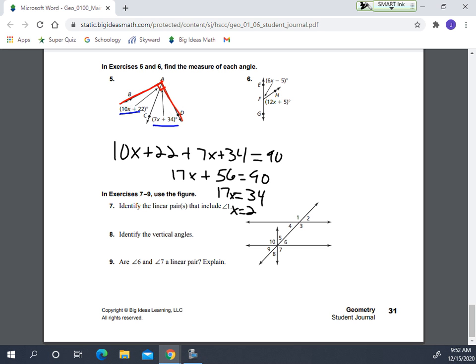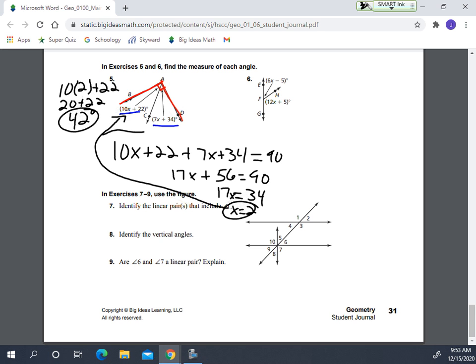Go back, read the question. What did it ask? It said find the measure of each angle. We have not found the measure of each angle. And we have to take what we have here, and we have to plug it in. Okay, so 10 times 2 plus 22, that is 20 plus 22, we get 42 degrees, right?